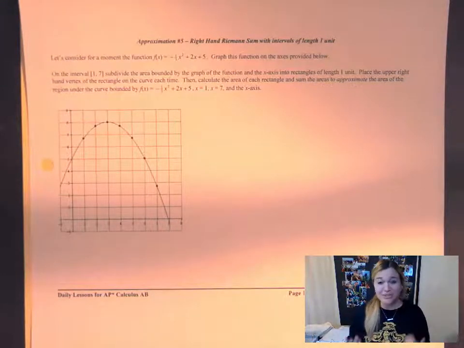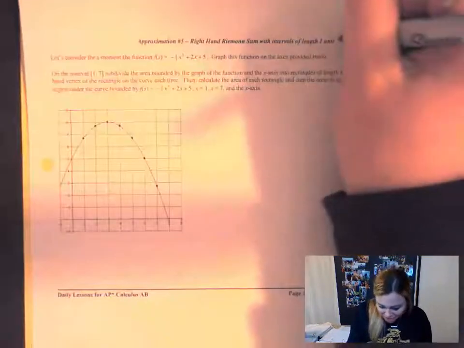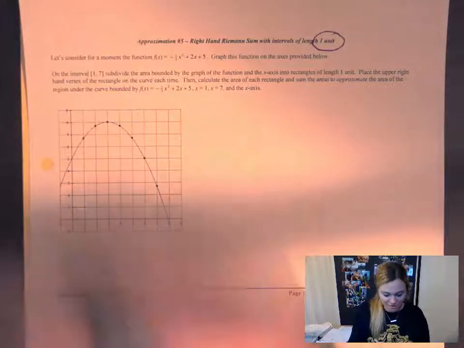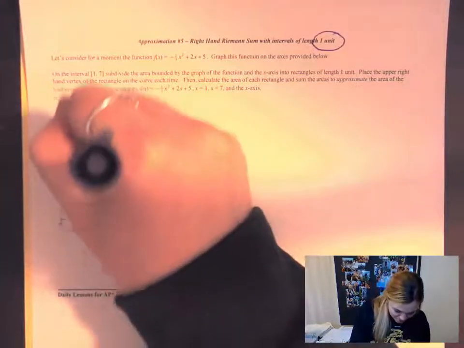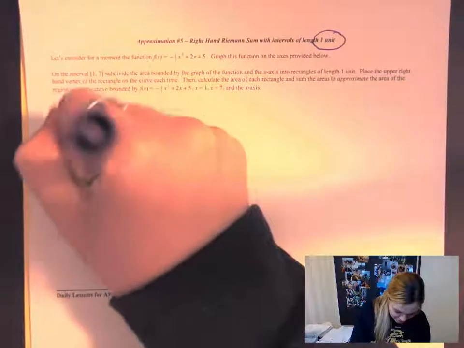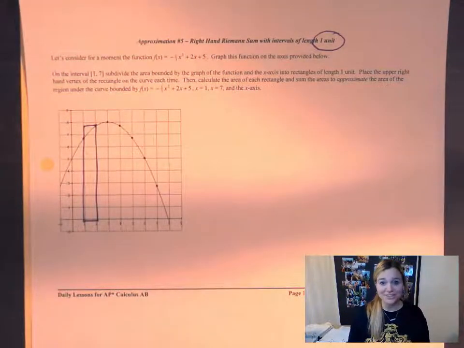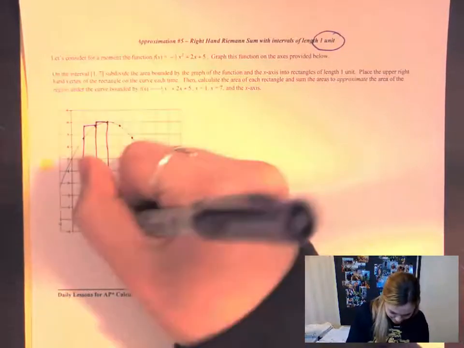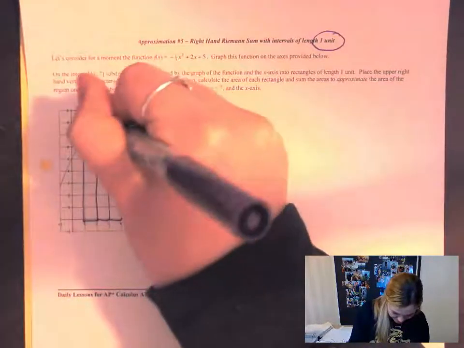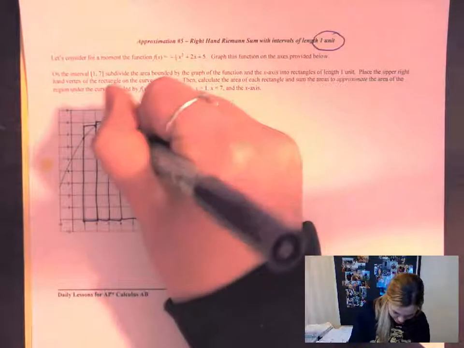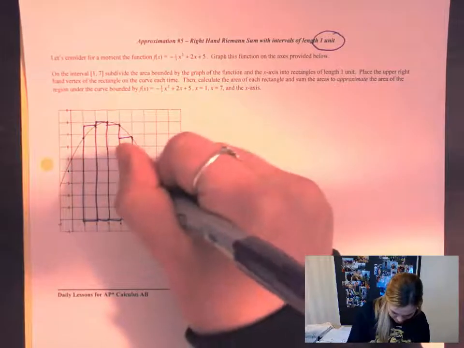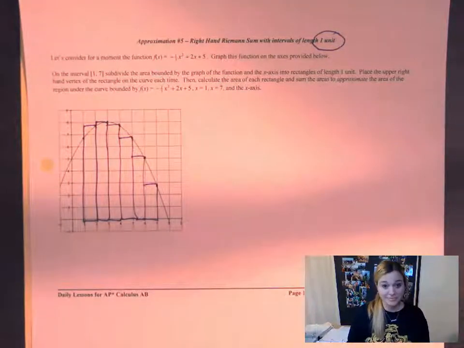Approximation number 5. Can you believe we're already there? Right-hand Riemann sum with a length of 1 unit. Same thing as before. You draw. Okay, check yours with mine.